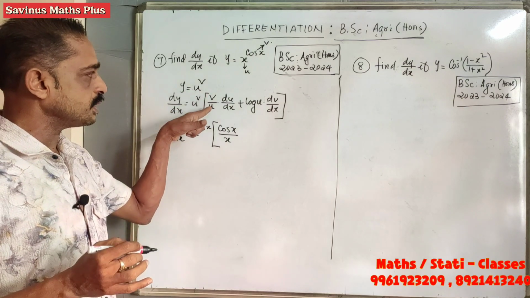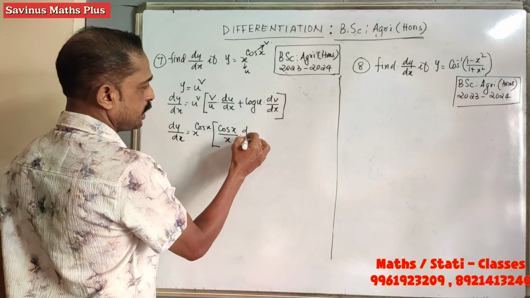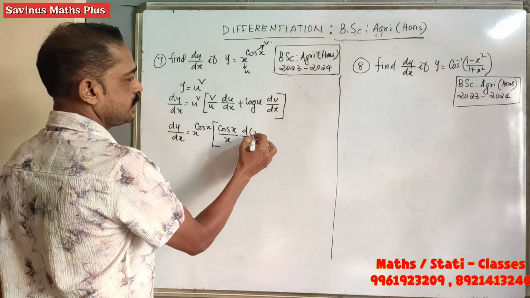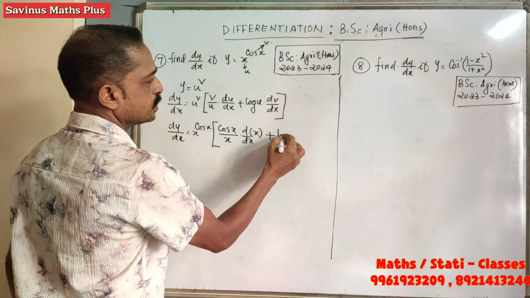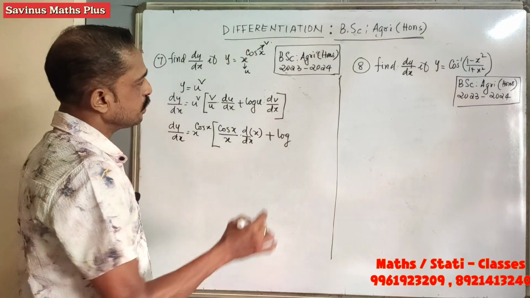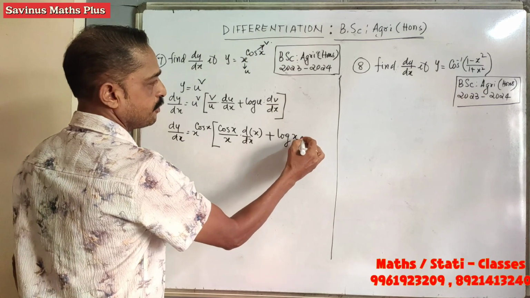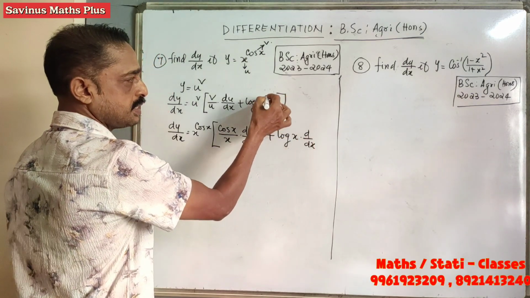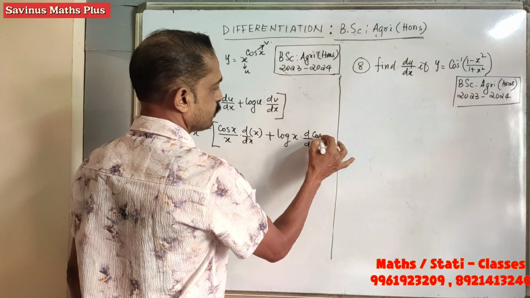You will have to write v by u as it is, into du by dx, that means d by dx of u. What is u? U is equal to x, d by dx of x, plus next is log u, that means log of u. What is log of u? U is equal to x, that is log x, into dv by dx, that means d by dx of v, and what is v? V is cos x, d by dx of cos x.